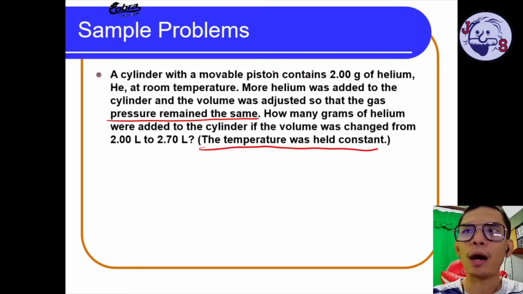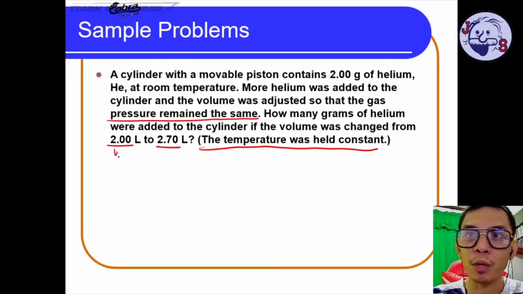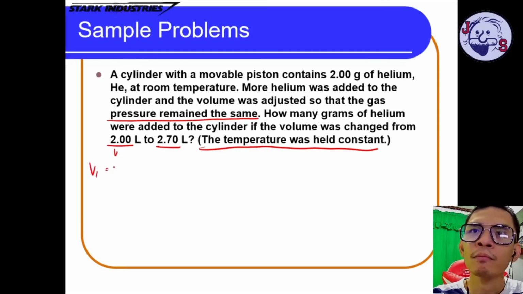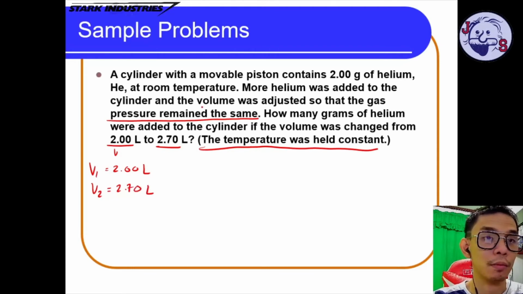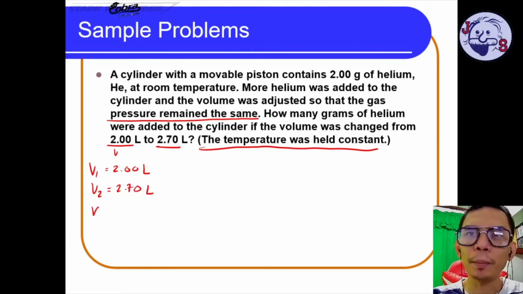Now what are we going to do here? Now we have two volumes. Probably this will be the V1, so 2.00 liters is the V1 and the V2 is the 2.70 liters. Now what will be our Ns?